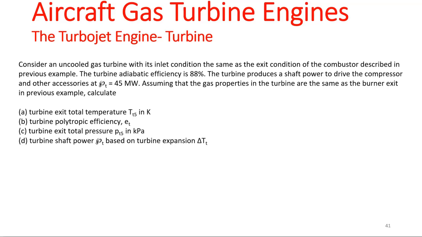The turbine produces a shaft power to drive the compressor and other accessories at 45 megawatts. Assuming the gas properties in the turbine are the same as the burner exit in the previous example, which means that gamma is 1.3 and Cp is, I don't remember what Cp was, it should be 1.156 kilojoules per kilogram Kelvin. We want to find the turbine exit total temperature, which is Tt5 in Kelvin.